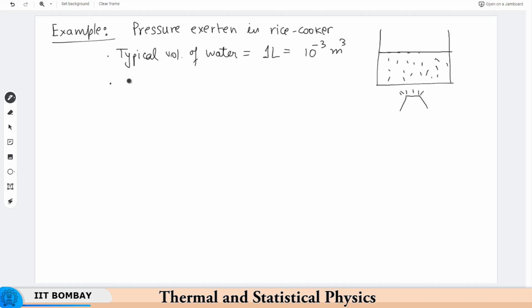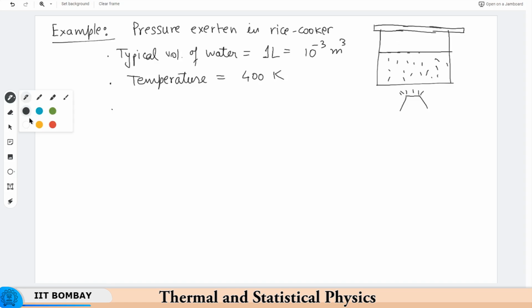So, the temperature of cooking, let us round this number to 400 Kelvin. And typically the volume of your container, so this is the lid, let me color it differently maybe. So, this is the lid.